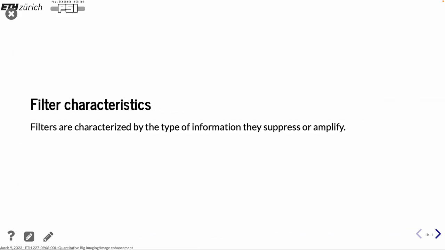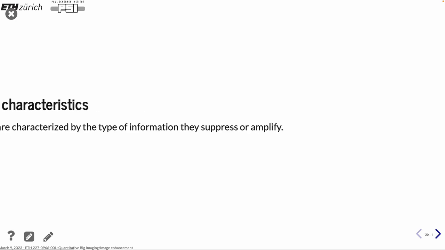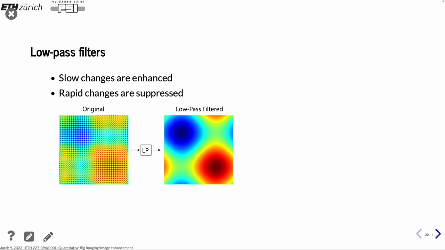We have different filter characteristics depending on what frequency they address, and that also tells us which information we can extract from the image. The first type is a low-pass filter, which looks at the lower spatial frequencies in the image and enhances them while it suppresses the higher frequencies.